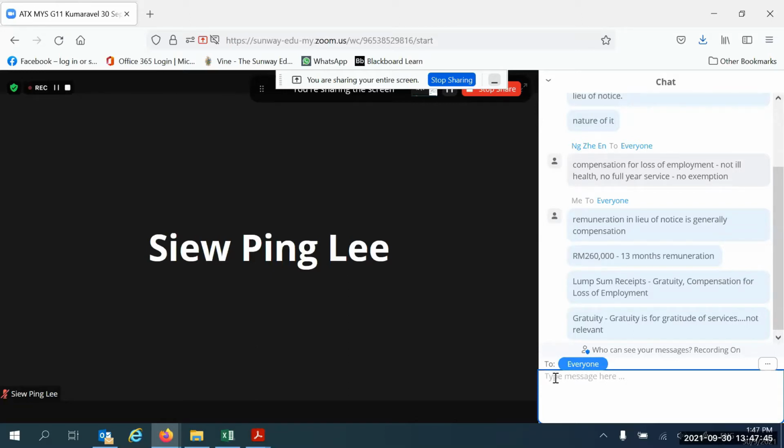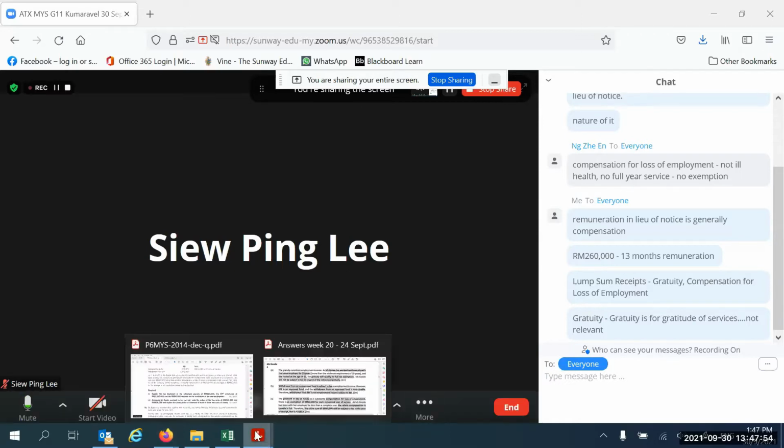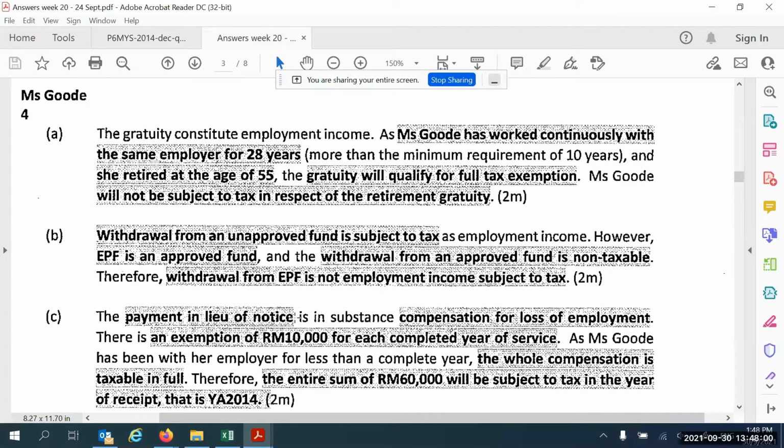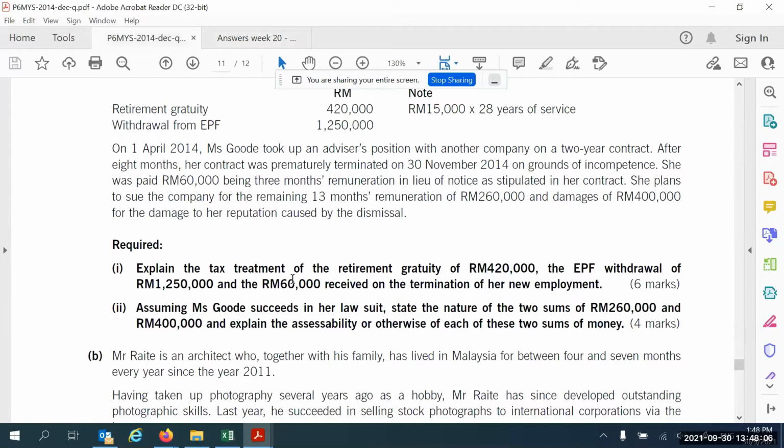I have to look at compensation for loss of employment. And it is also helped by this payment in lieu of notice. Sorry, the payment in lieu of notice is already finished. We are now looking at the 260,000.